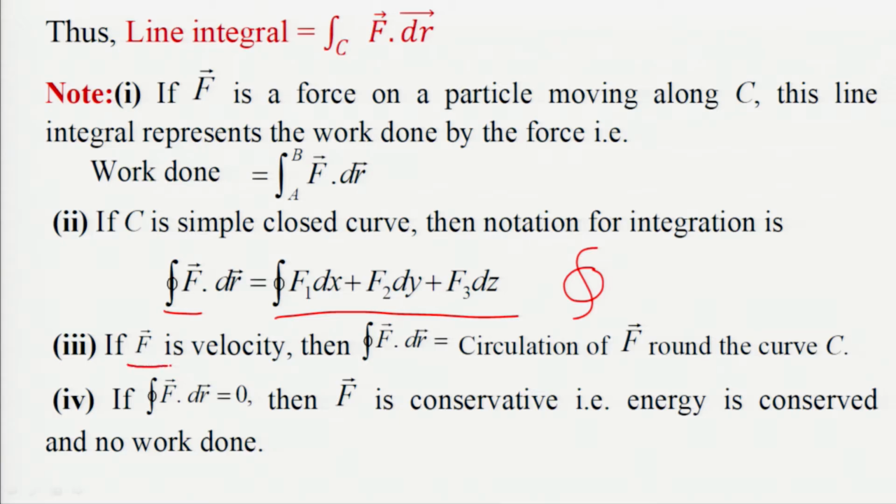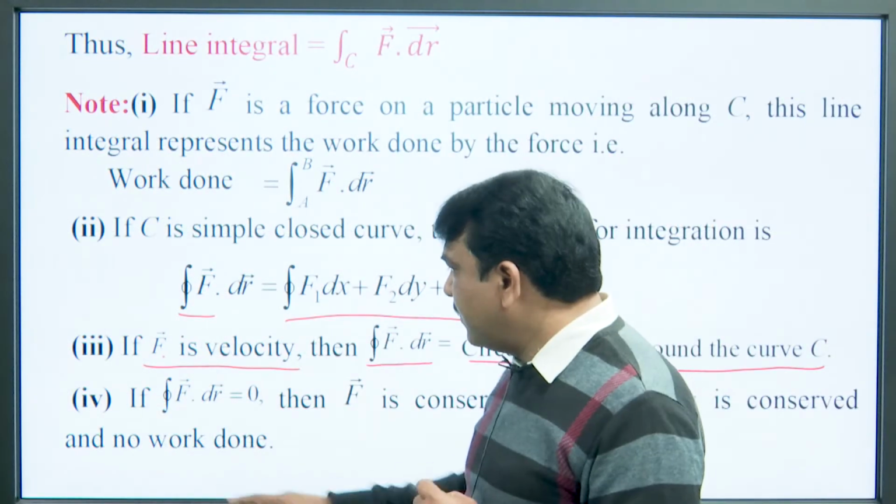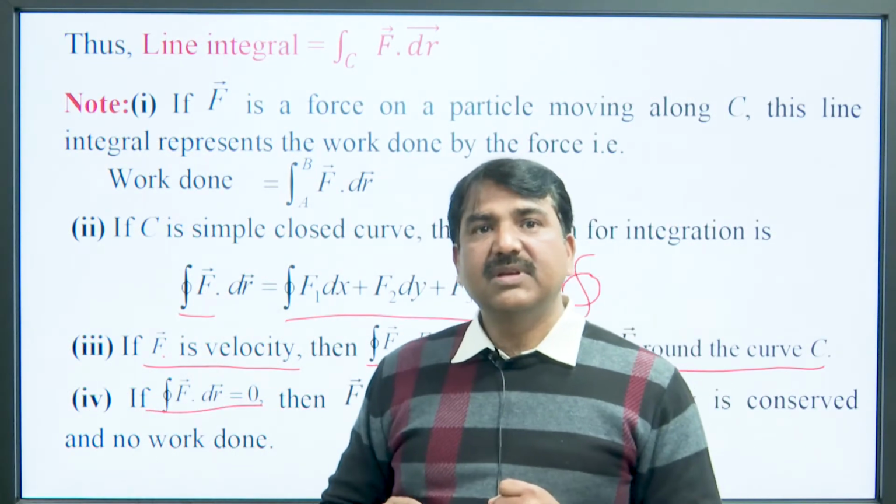Now, if vector f represents the velocity, then if we evaluate the f dot dr, its value represents the circulation of f around the curve C. In this case the line integral represents the circulation of vector f around the curve C, and if we evaluate f dot dr along the closed curve C and its value becomes 0.